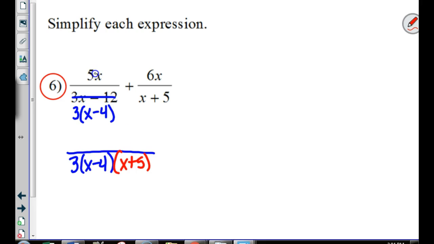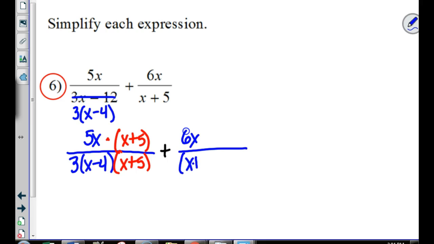Okay, so this first fraction had a 5x already on the top. And we got to multiply it by an x plus 5, top and bottom. Right? Then, over here, we had a 6x over an x plus 5.